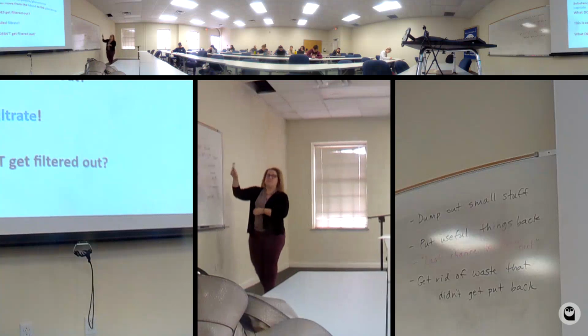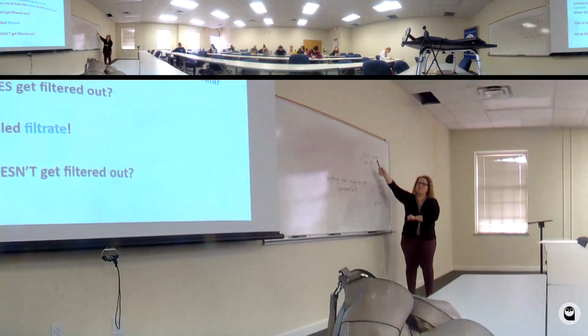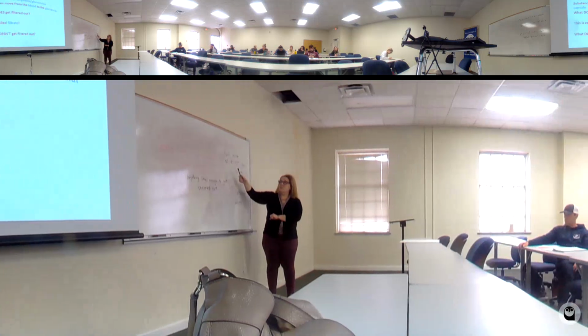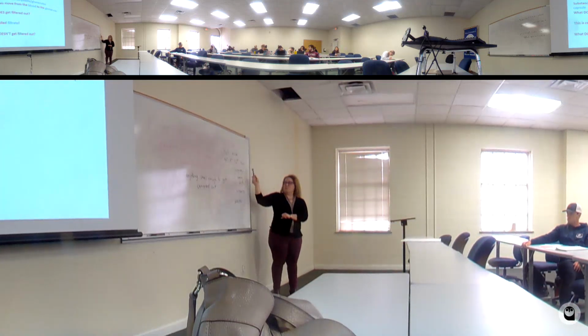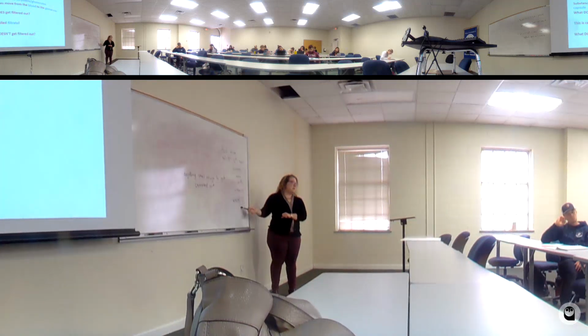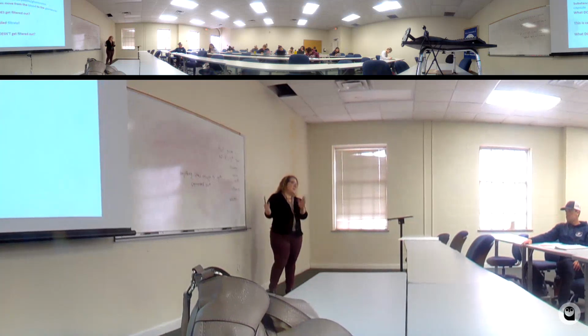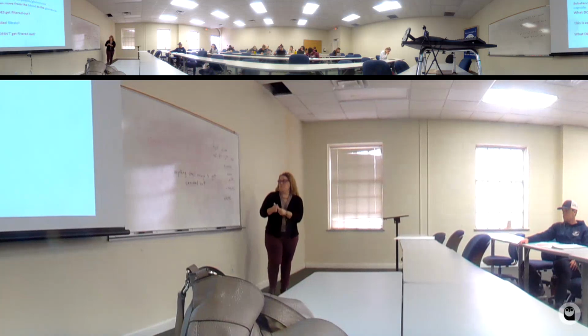So if you're watching this later on the recording, what I've got here is water, glucose, sodium, potassium, calcium, small hormones, amino acids, vitamins, and wastes. And a lot of the stuff that just came out of the blood is good stuff that we still need to keep in the body.